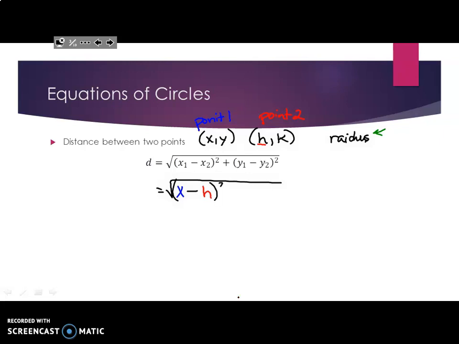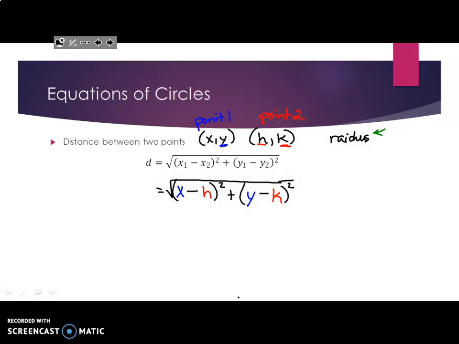So I've got x minus h squared plus, now we're going to my y's. My y sub 1 would be y minus my y sub 2 would be k squared. Okay? So I'm just using the distance formula, plugging it in just like what I normally do.